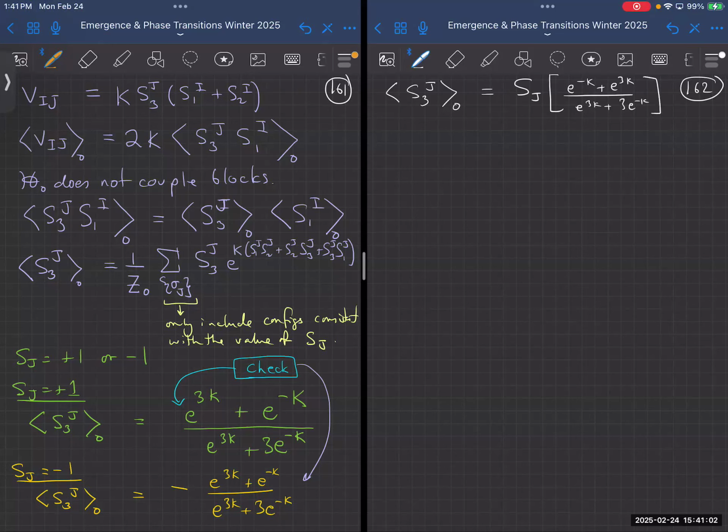So I've got the Sj out in front. When Sj is +1, I get plus that thing. When Sj is -1, I get minus that. So if you tell me the value of Sj, I can tell you the value of S3j.